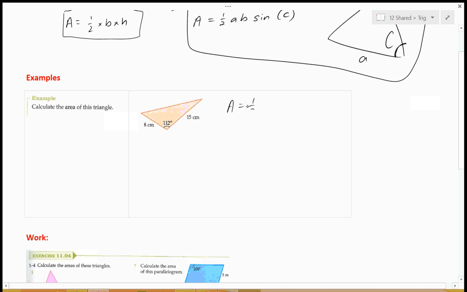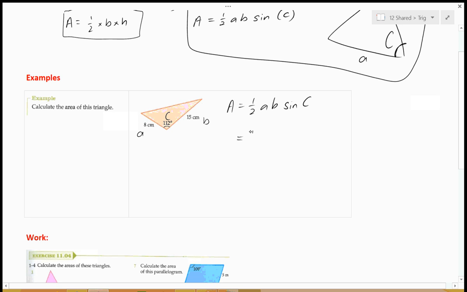A equals a half ab sine C. I think it's a really good habit to do that, particularly to reinforce simple algebra skills like substituting. Underneath, we'll write out numbers in a second, but I'll just label my triangle. I'll call this side a, this side b, and that angle there I'll call C, just so that I know what number I'm putting instead of what letter.